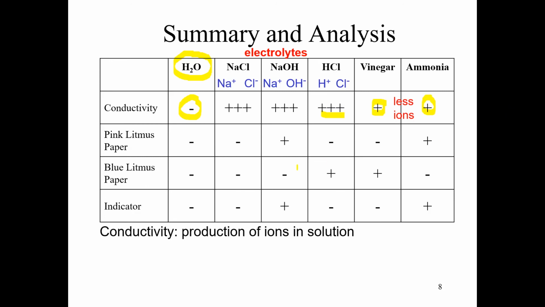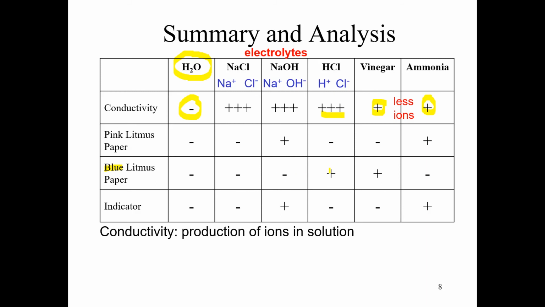So I'm going to take here first the blue litmus test. So what we see with the blue litmus paper is that everything except HCl and vinegar caused a reaction. So what we would say is, well, let's see, HCl has hydrogen and chloride ions, well, NaCl has chloride ions, but it didn't give us a reaction.